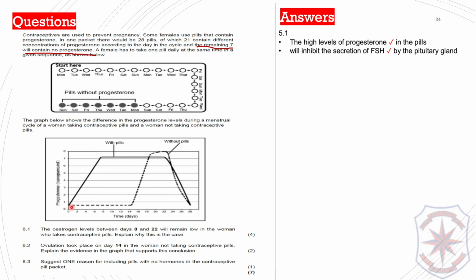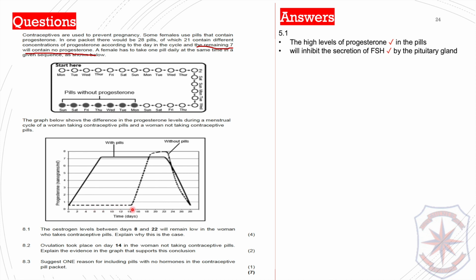Remember, progesterone levels must be low until day 14. Okay, why until day 14 are the levels of progesterone low? Remember, progesterone is secreted by the corpus luteum, and we only get the corpus luteum after ovulation. Hence, the progesterone levels are low.